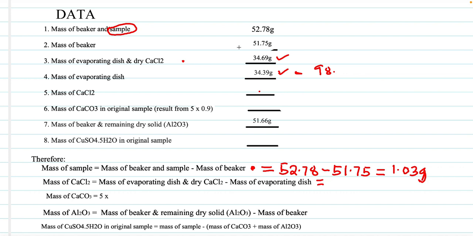So you say 34.69 minus 34.39. Now this becomes 0.3 grams. So here is 0.3 grams.